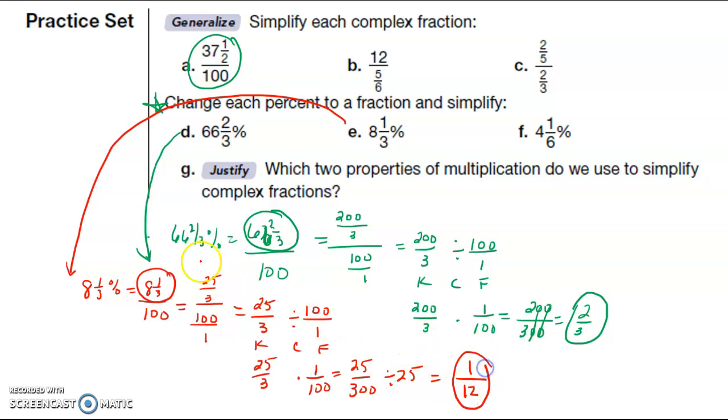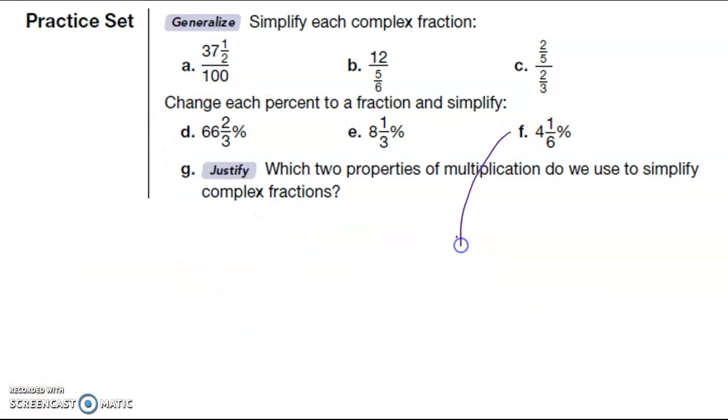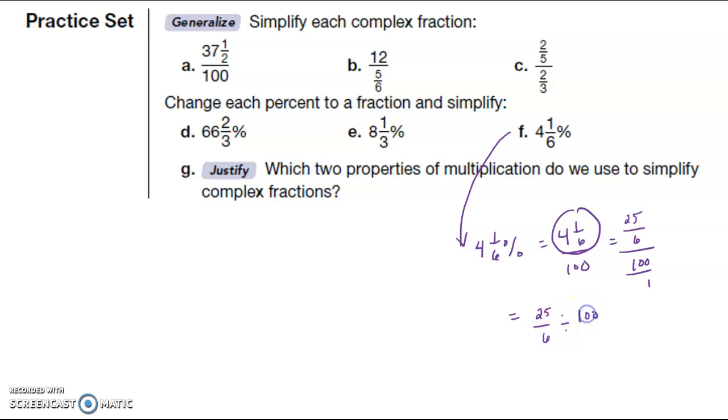Okay, I'm going to pause and then we'll do F. Okay, so last one here, besides G, I have 4 1/6%, which is 4 1/6 per 100. I'm going to have to popcorn this. 6 times 4 is 24, plus 1 is 25 over 6 divided by 100 over 1, which I can make into this.